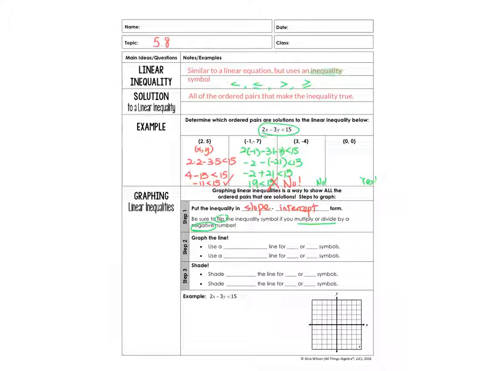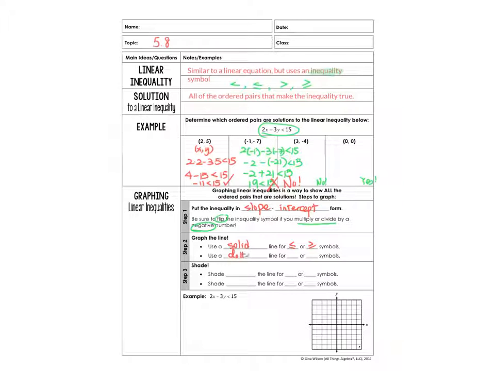So now we have to graph the line. We use a solid line for less than or equal to or greater than or equal to. So as long as I have the equal sign underneath there, I have to have a solid line.